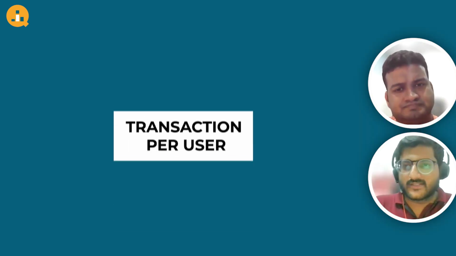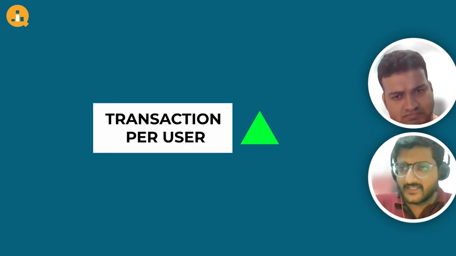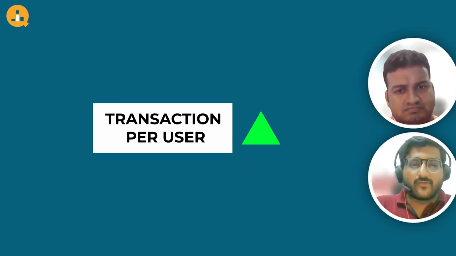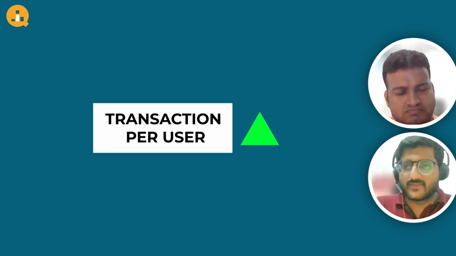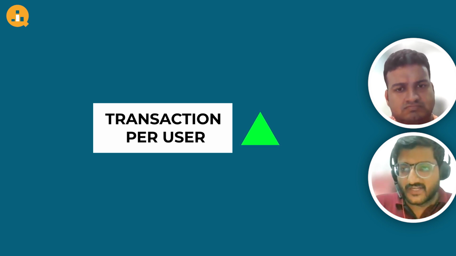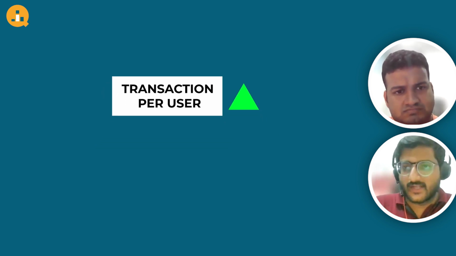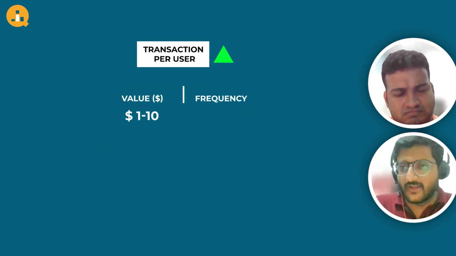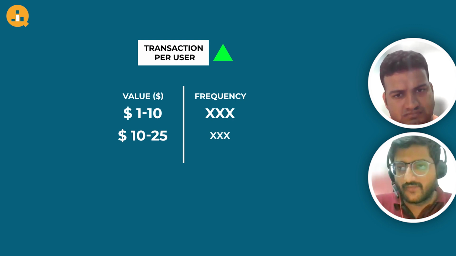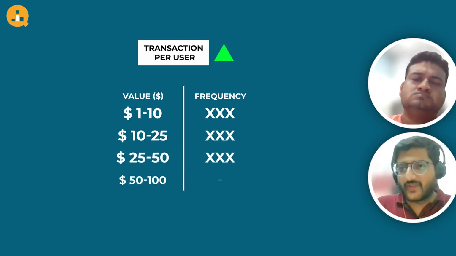Yes. Okay. So why I asked this question was, if transactions per user has increased during this time period, I would further segment transaction amount buckets. To generalize it, I would try to understand how many transactions were between $1 to $10, 10 to 25, 25 to 50, 50 to 100, and so on.